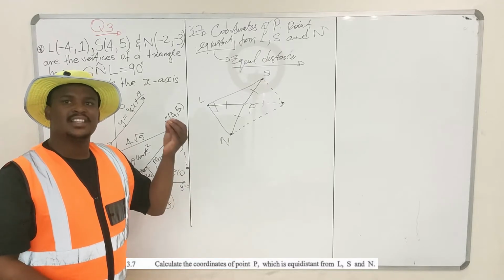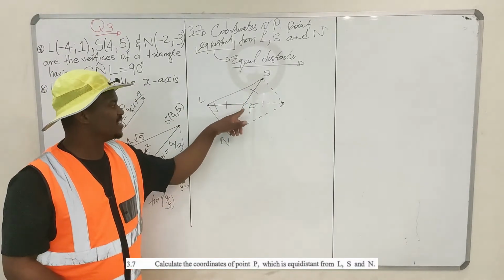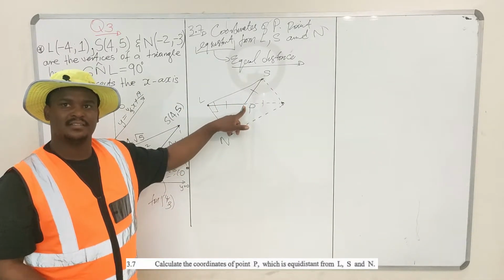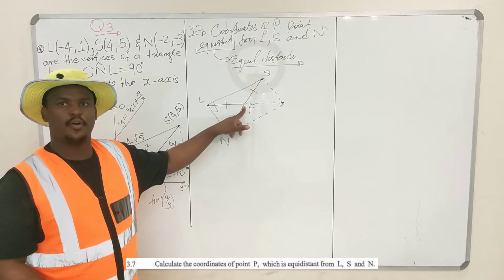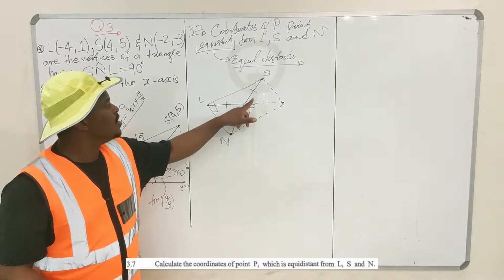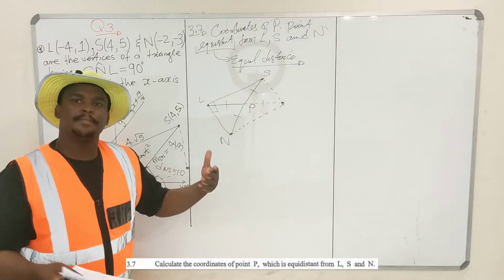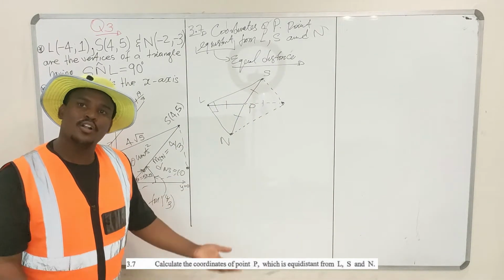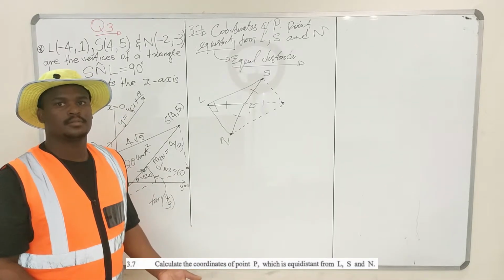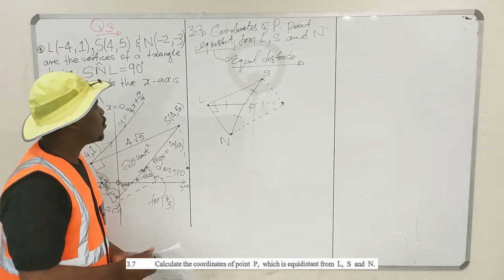So you know that the diagonals of a rectangle all bisect; they all meet at the midpoint. So now, if you find the midpoint of SN, that will be a point that is equidistant from all 3 points. So what do we do?